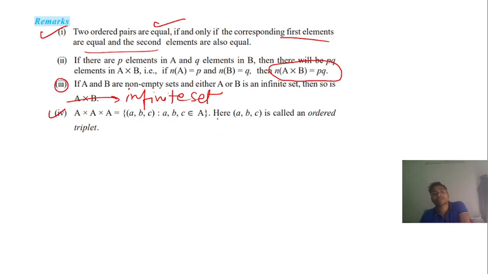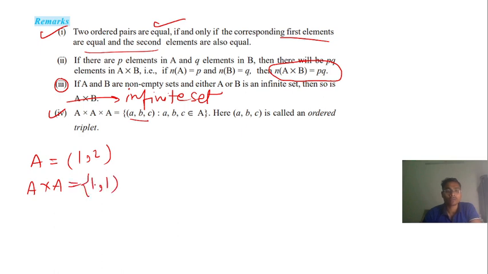Okay, coming to question number 4, it is saying A cross A cross A, such that (a, b, c) belongs to it. Here (a, b, c) is called an ordered triplet, meaning a systematic way. Suppose A has elements 1, 2, and we do A cross A. We will write (1,1), (1,2), then (2,1), then (2,2).